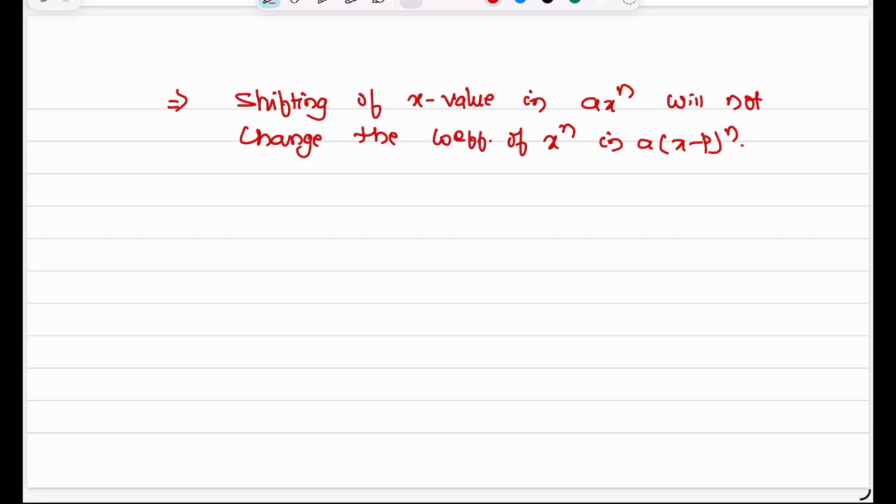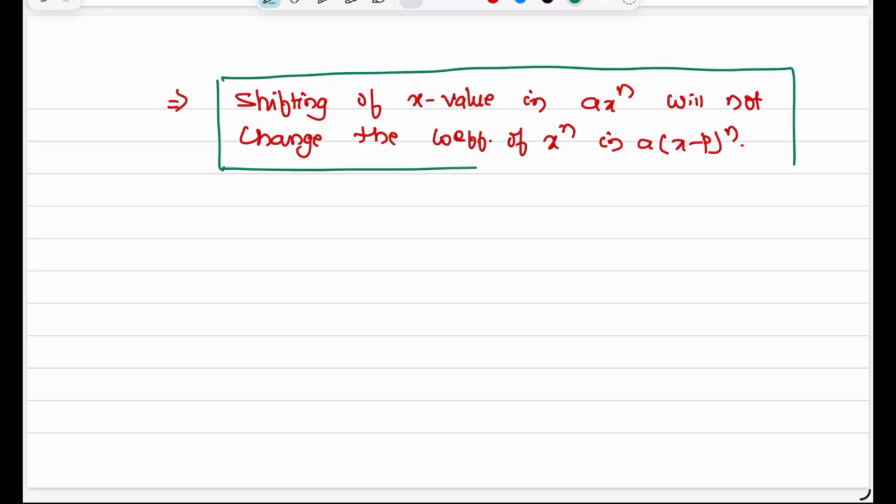If the x value is shifted by −p, p can be negative or positive, an arbitrary constant. This is a very, very important concept which you have to remember, because there can be questions on it.